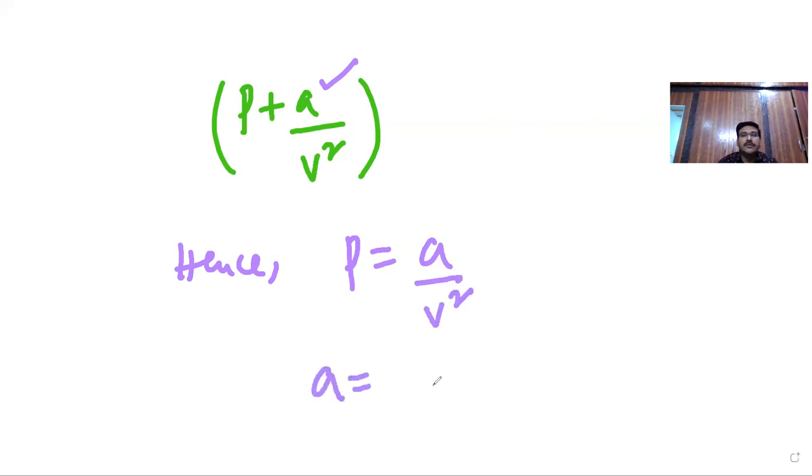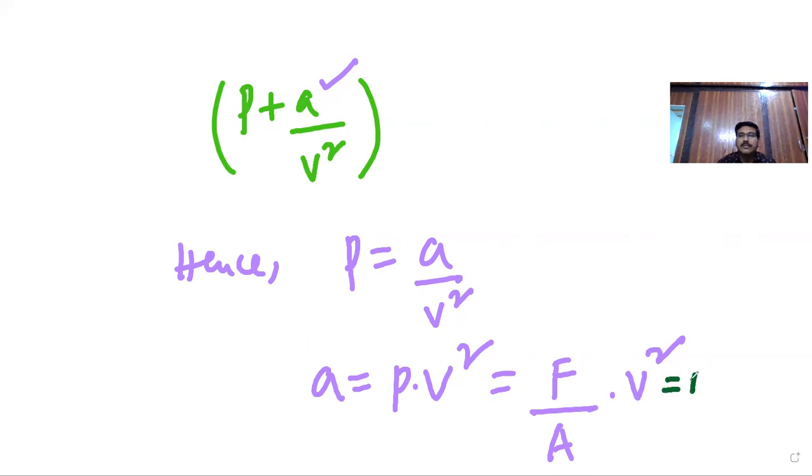So I need the dimension formula of A. So A is P into V square. P is the pressure. What is pressure? Force by area, so normal force by area. And V is volume, so volume square. Clear? Now, if I simplify this, force has dimension formula M L T minus 2.